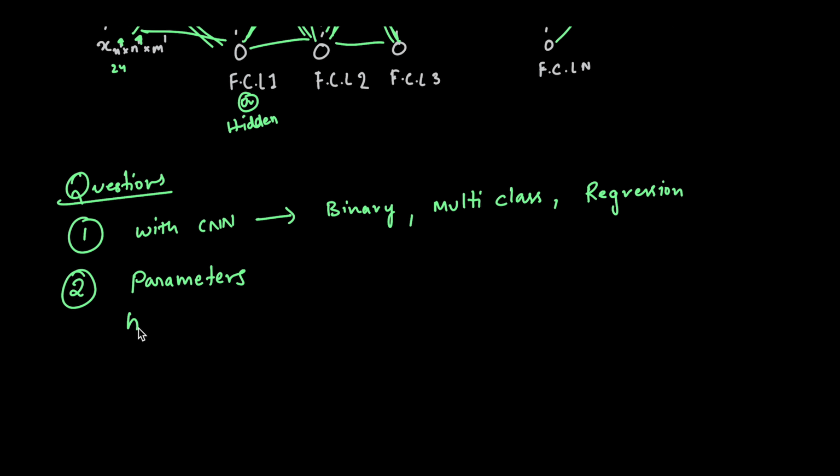Similarly, what are hyperparameters in case of CNN? So before going on to the next video, please comment down your answers for these two questions. That is, what kind of tasks can we do with CNN, with some examples? And what are parameters and hyperparameters according to you? Okay, we'll answer these two questions in the coming videos.